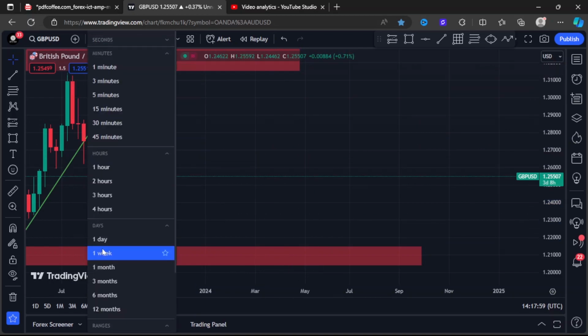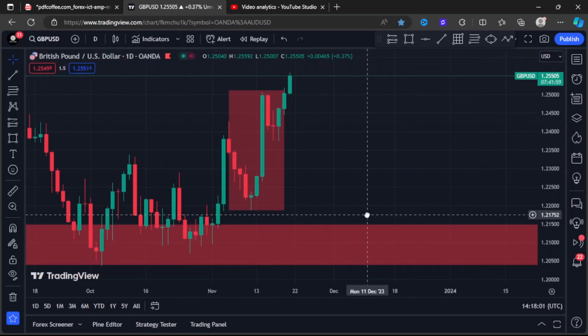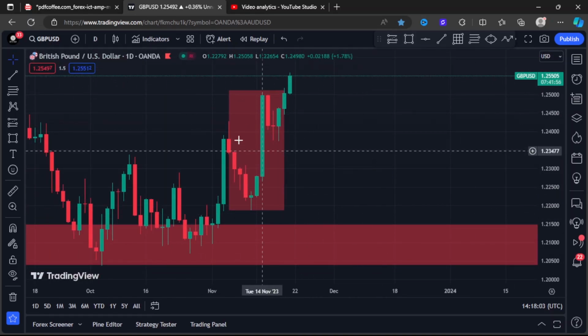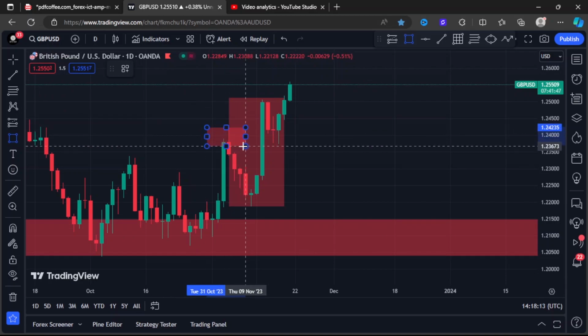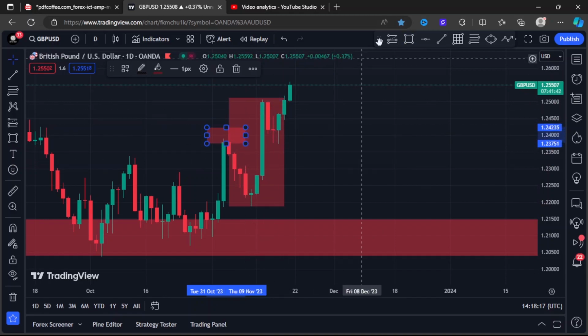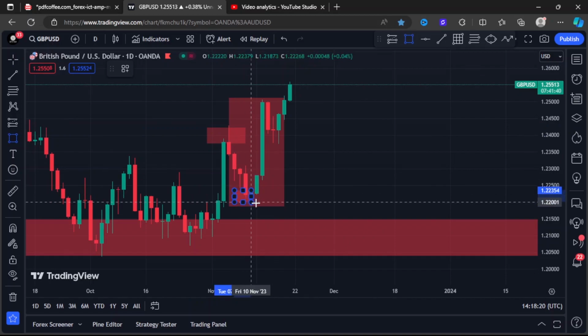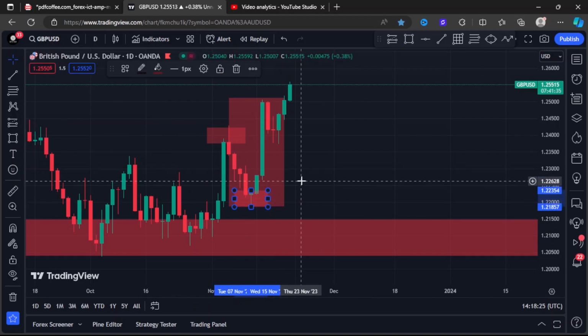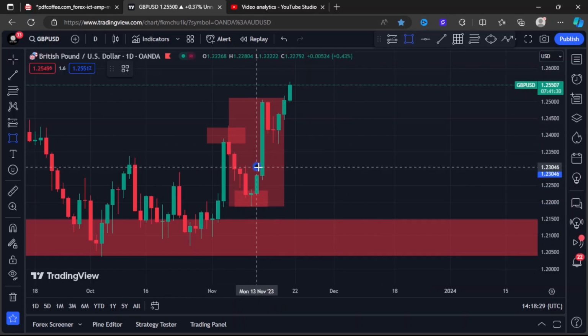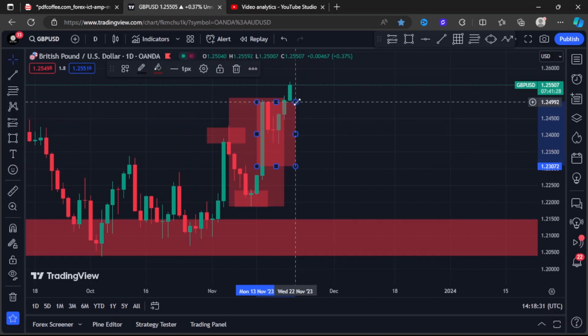Then I'll move to my daily time frame. On my daily time frame, you can clearly see here we have the power of three, where we have the accumulation phase, the run to support here, and again the distribution phase.